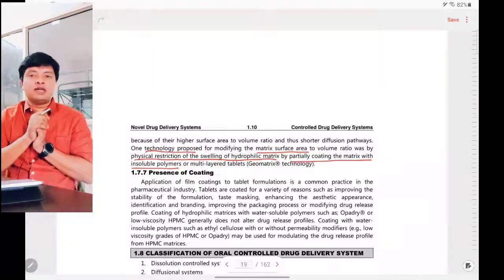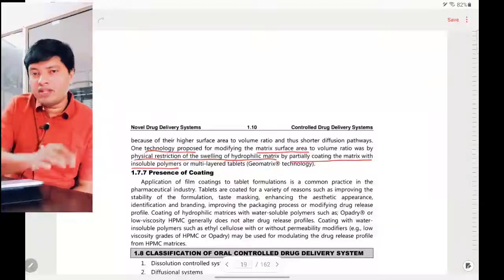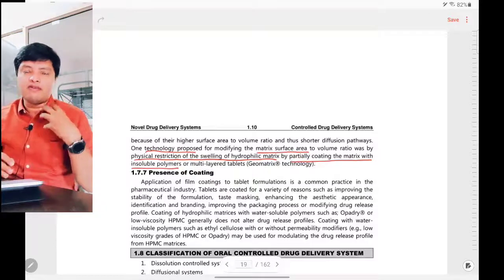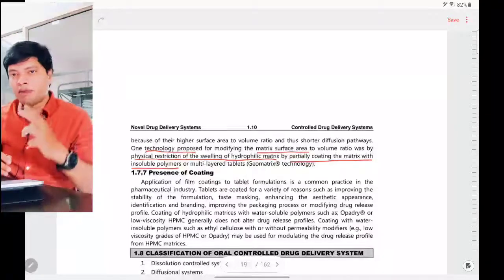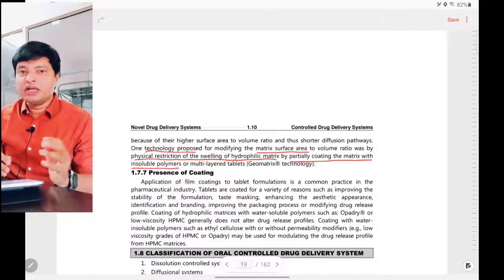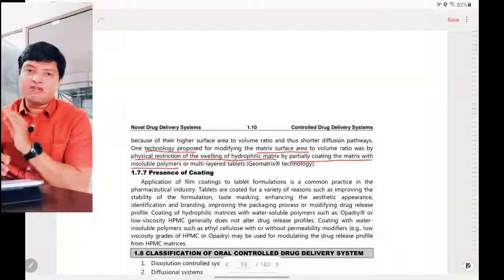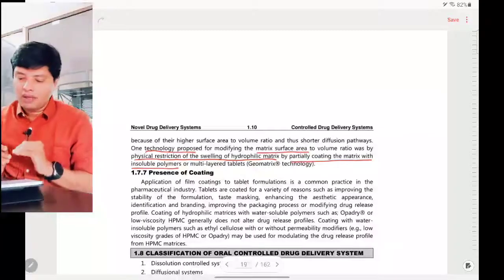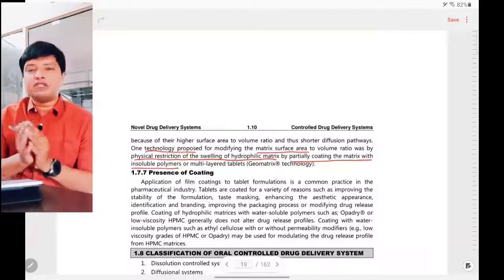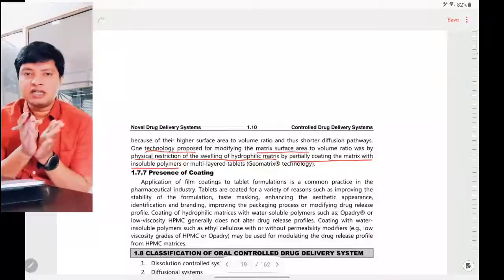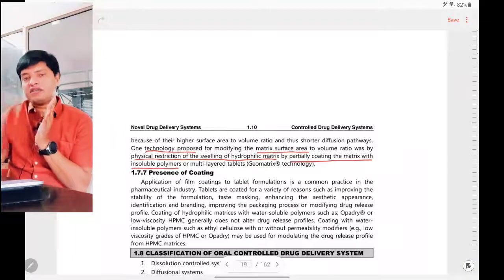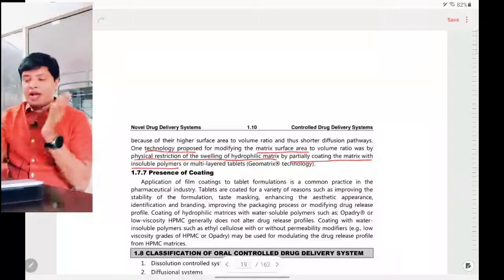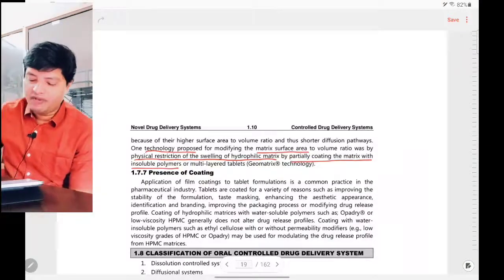How can you restrict them physically? Partially coat them. If the swelling polymer is hydrophilic, I can use a hydrophobic polymer to partially coat the tablet. Then what happens? There will be physical restriction of swelling, which in turn restricts the surface area which is available, and this is how we can modify it.